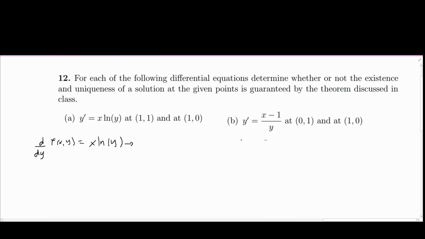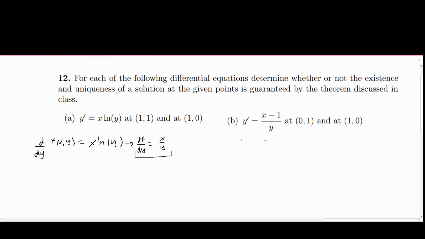So the partial derivative of f with respect to y is equal to x over y. So this is what we're going to look at for plugging these points in. So does it have a unique solution at 1, 1?